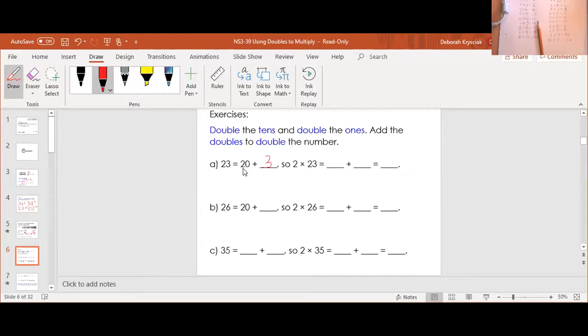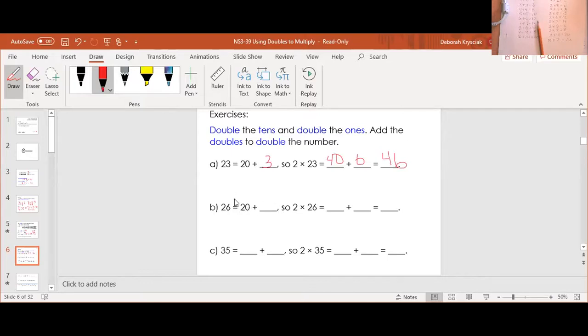Well, I know that 2 2s is 4, so that's got to be 4, and then I just put the 0, 40. And 2 3s, 2 times 3 is 6. And then I get 46.